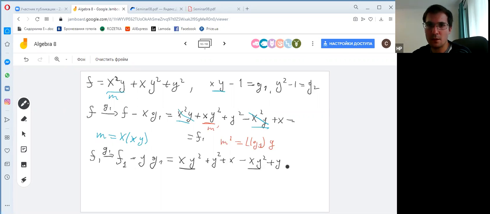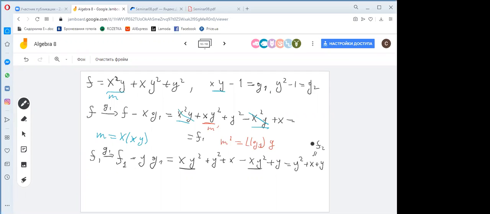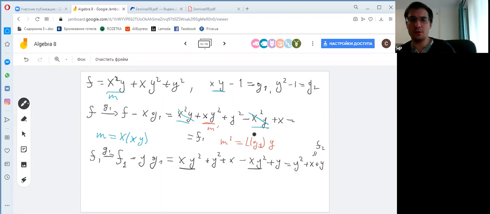The same terms cancel, and so this is y squared plus x plus y, and this is f second. Okay, and is there a possibility to reduct f2? Yeah, by g2. It seems yes. By g2, yes.